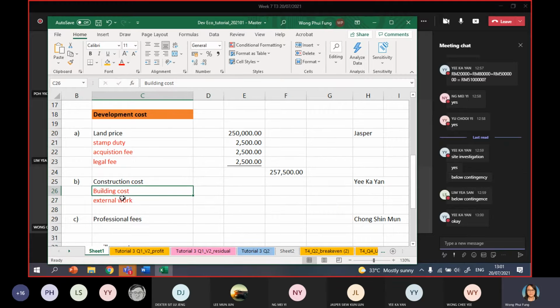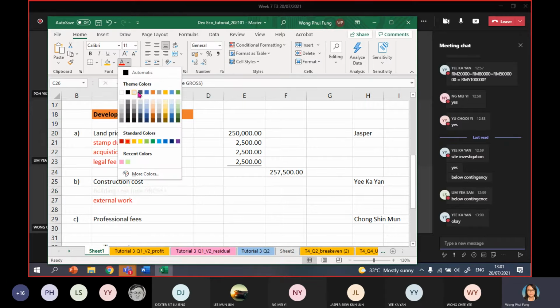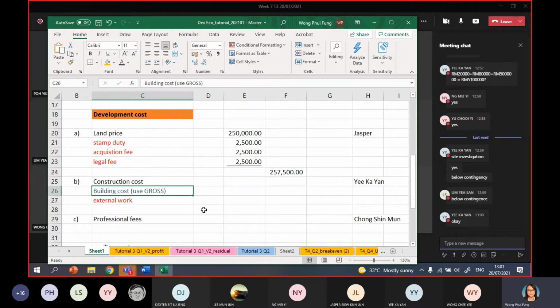So for building cost, remember, use gross area. All those areas like toilet, circulation area, corridor, they do not generate any income, but we still need money to build it. So that's why for building cost, you need to use gross area.